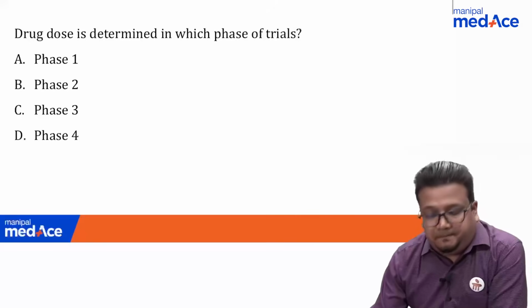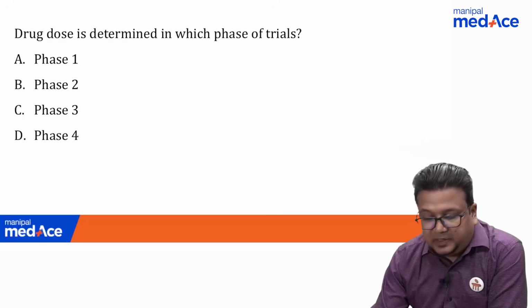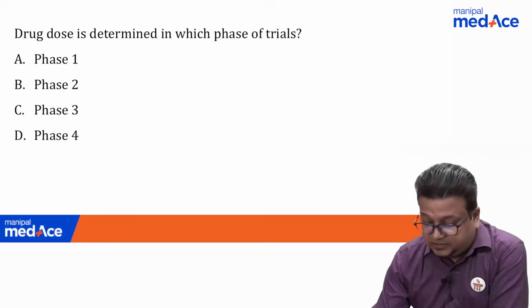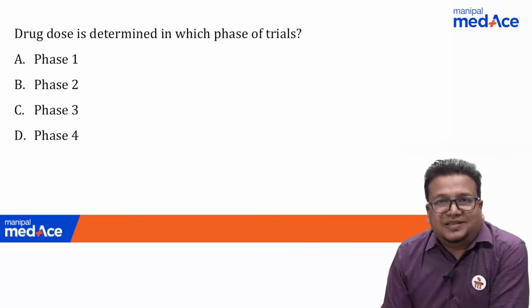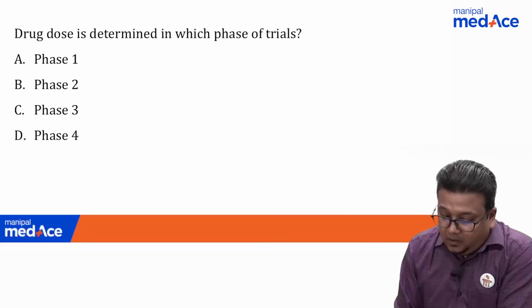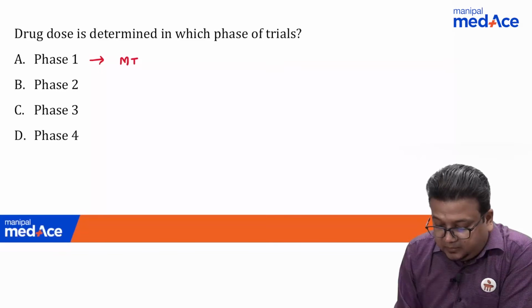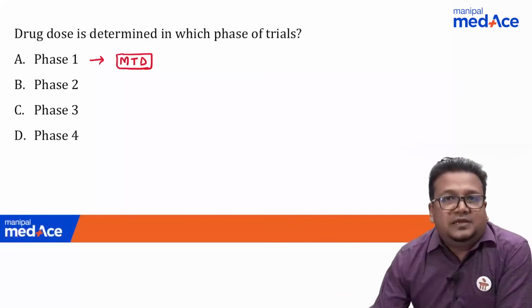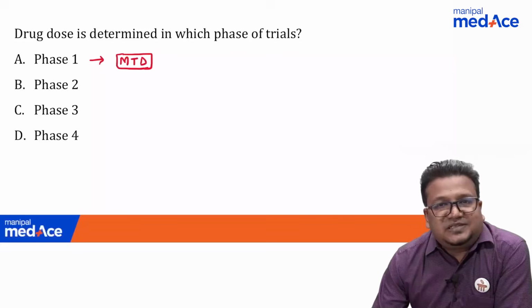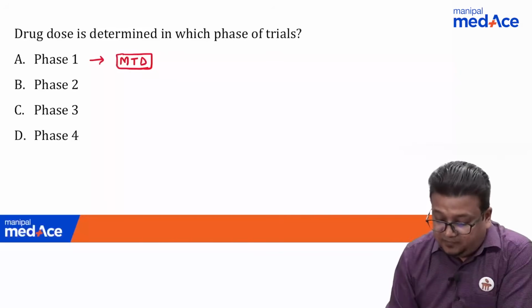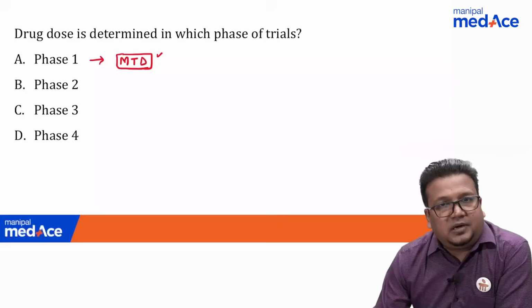The next question. Drug dose is determined in which phase of clinical trials? Now see, this question is a bit tricky. In phase 1, what we determine is called maximum tolerated dose. Phase 1 is conducted to assess the safety of the molecule, and by safety we mean maximum tolerated dose.